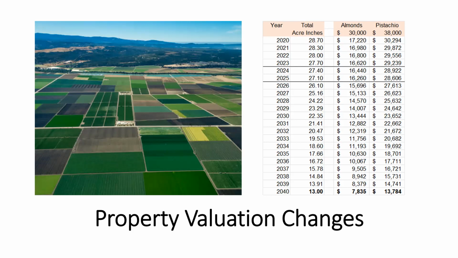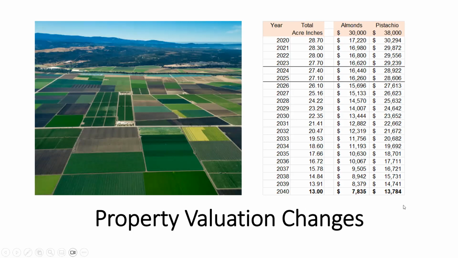We're already at close to 16,000 and 29,000 as far as theoretical valuation. You may have other people who want to pay higher prices for it, but this is where we're at, based off of the revenue sources. The key is that it's going to drop all the way down to where you only have 13 acre inches, and that valuation drops even more dramatically. As you can see, 7,800 to 13,000.